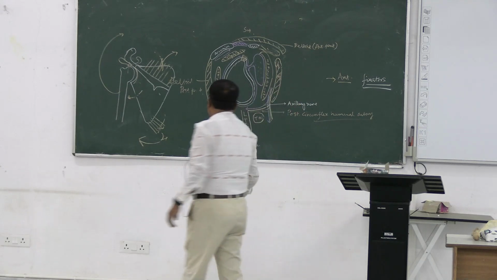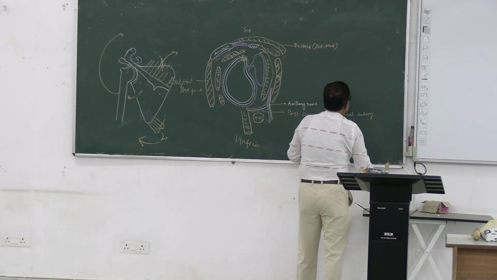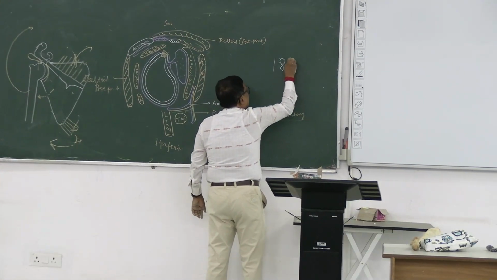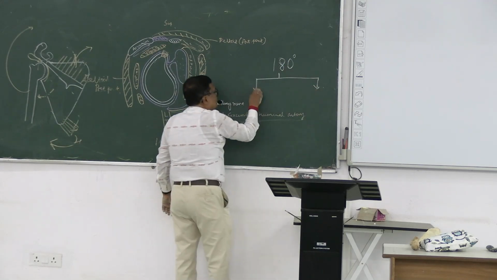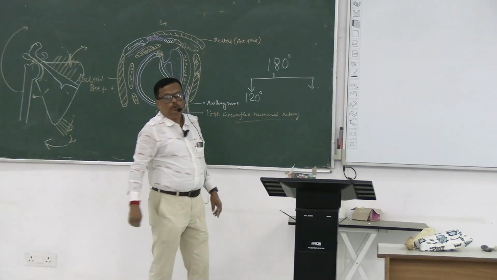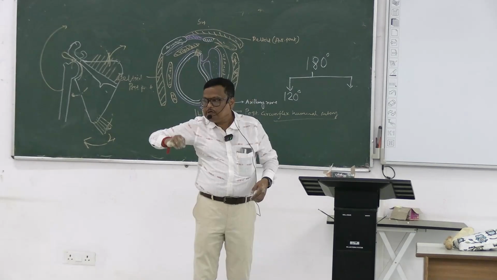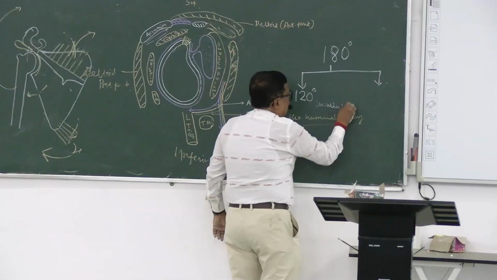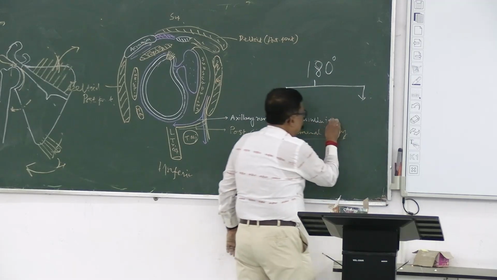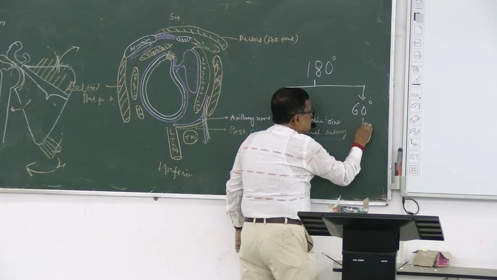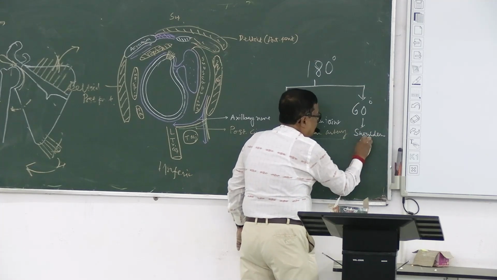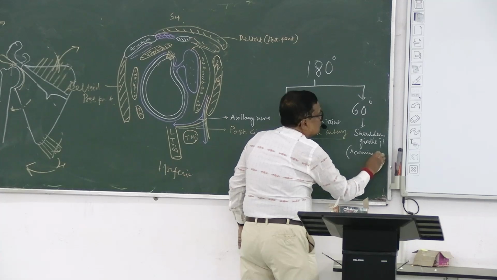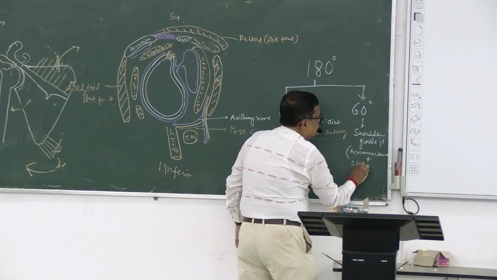It has been found, now pay close attention, that for 180 degree of abduction, 120 degree occurs in the shoulder joint, and 60 degree occurs in the shoulder girdle joints, means acromioclavicular plus sternoclavicular.